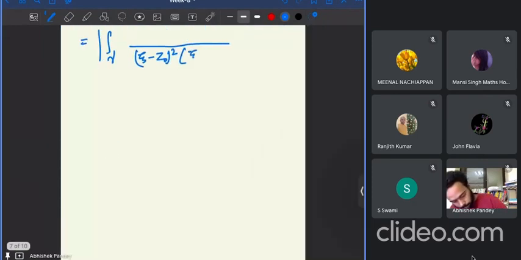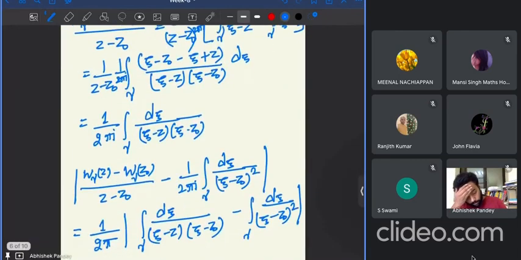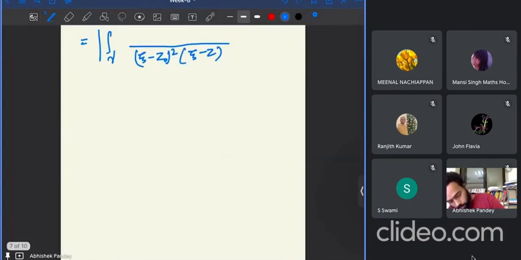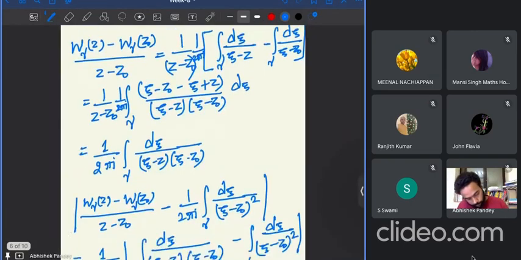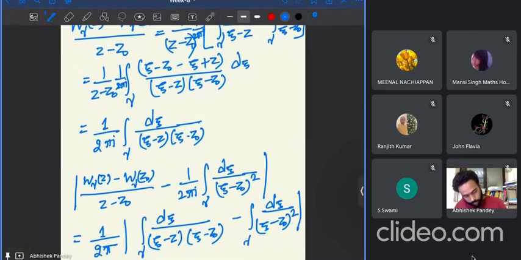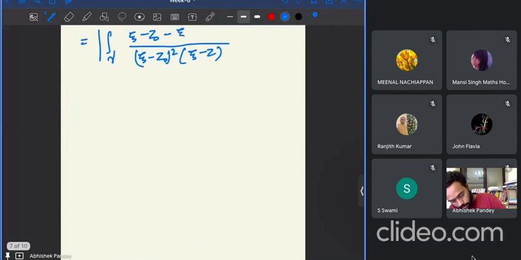So here the numerator should be xi minus z naught minus xi plus z.